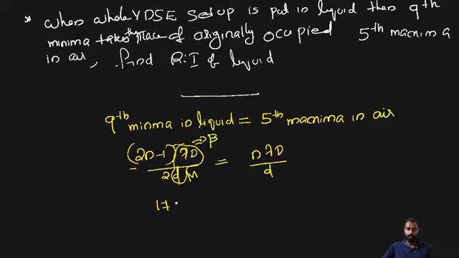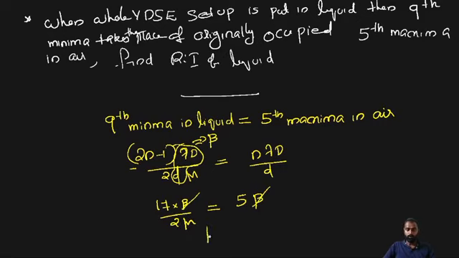17 times beta by 2 mu is equal to 5 beta. This beta will cancel. So we want to find mu.